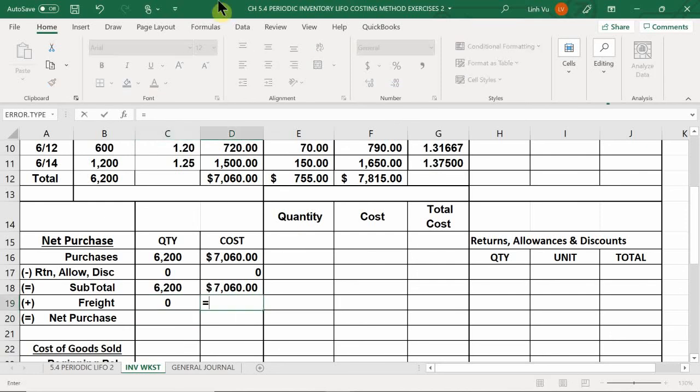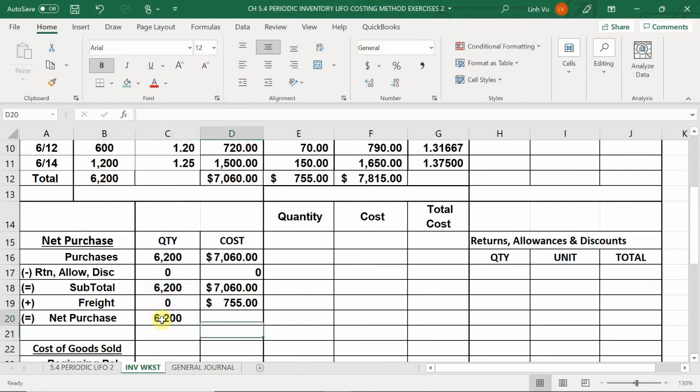Freight adds no value to quantity, but it does add to the cost, of $755. So in this case, when we add these numbers together, I have a grand total of 6,200 items, costing a grand total of $7,815, okay?